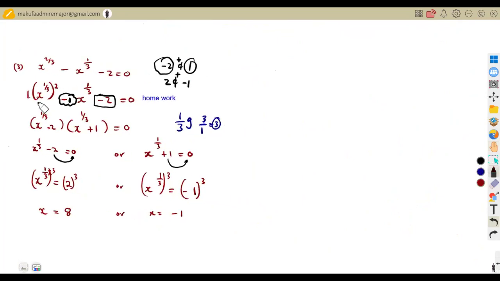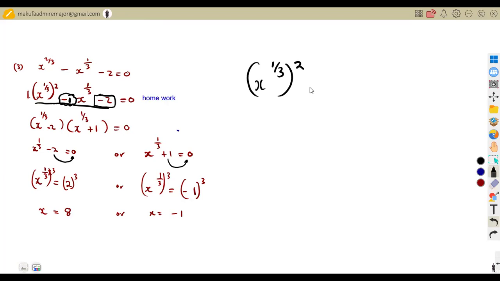Sorry for that. Here, we could have used a method where we are given x to the exponent of a third, like this, to the exponent of a half, minus x to the exponent of a third, like this, minus 2 is equal to 0. You can also use the k method.